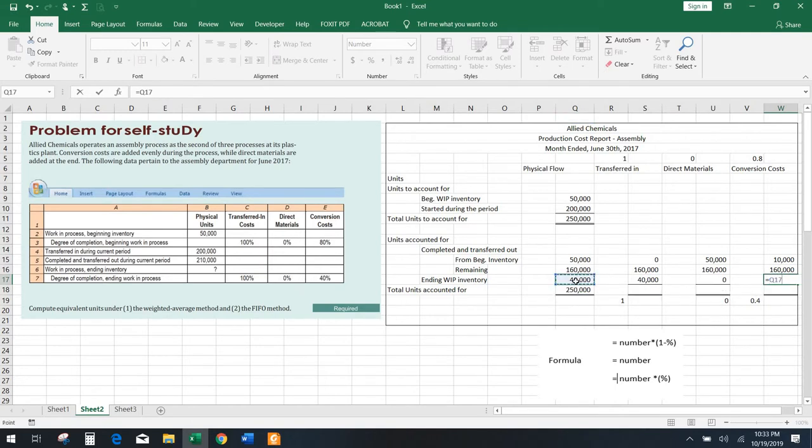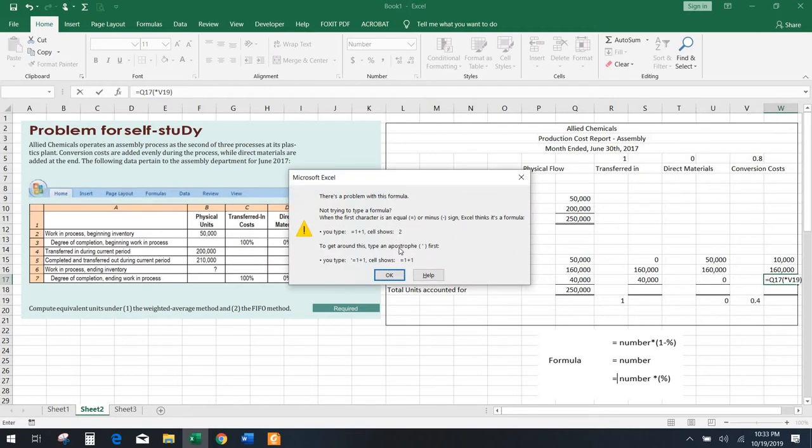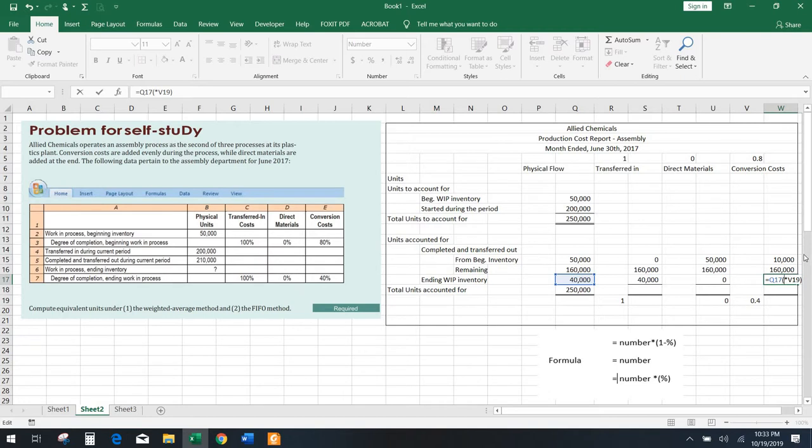Equals the number multiplied times percentage. Okay, it doesn't need parentheses. There we go. Now we can just auto sum. And that gives us the equivalent units of production using the FIFO method.